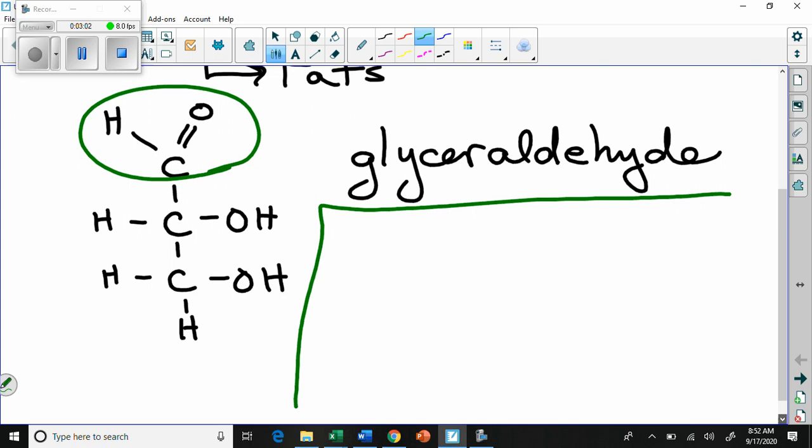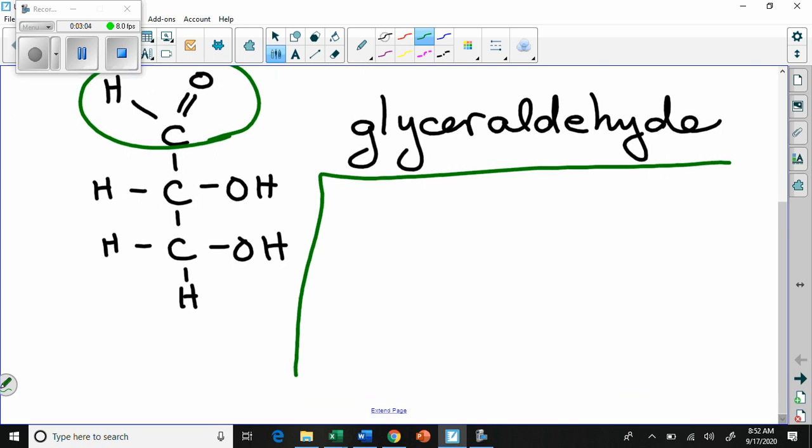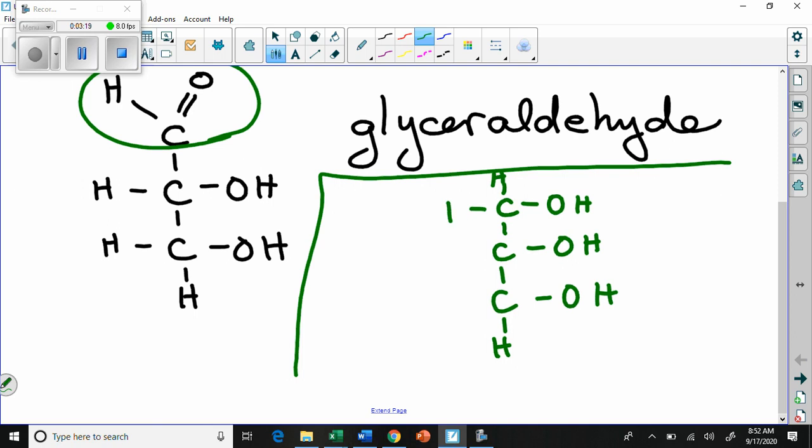Another molecule that looks very much like this one is this molecule with 3 carbons and an OH attached to each of the carbons. This molecule does not have a carbonyl.